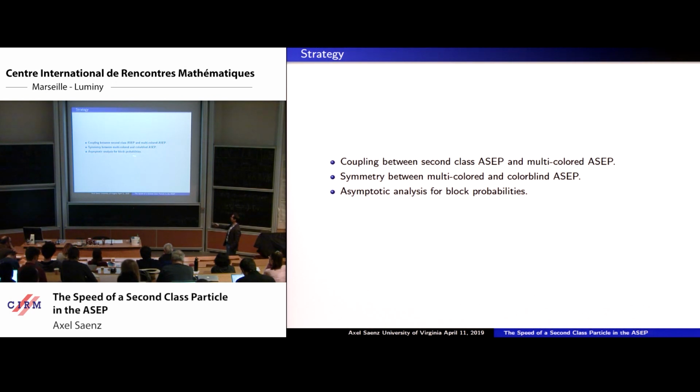This symmetry is really due to Yang-Baxter integrability. And then at the end, once we translate the event of the second-class particle into blocks, we can use the result that Craig provided for us, and we are lucky that we don't have to do any of that asymptotic analysis. So that's going to be the strategy of proof.